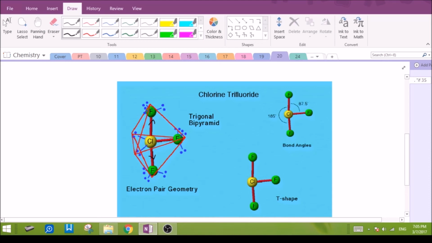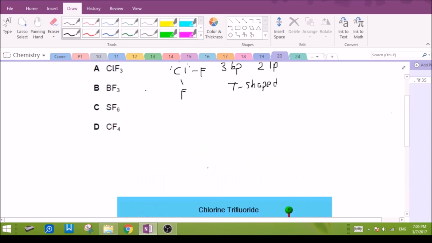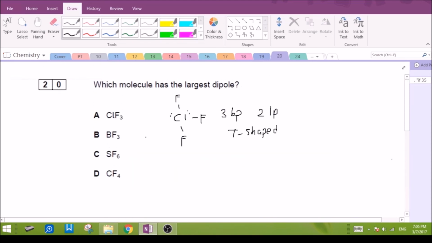Right, whereas for the fluorine on this side, there will be no other bonds to cancel out the dipole moment, so we have an overall dipole moment for this molecule. So for option A, we know that it will have a dipole moment. We might not be sure whether it has the largest dipole moment or not. So let's keep that in mind and check the other options.